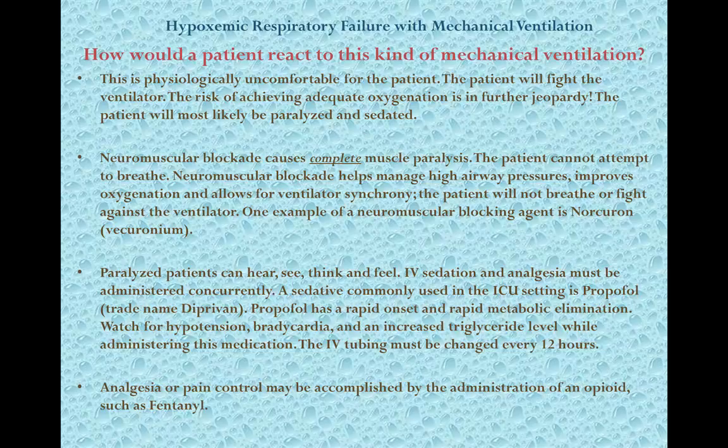Neuromuscular blockades, these are the goals. It helps manage high airway pressure and improves oxygenation and allows for ventilator synchrony. In other words, when you have a synchronized skater, that means two individuals are as one. They are working together, and that's what this means. The ventilator and the patient are going to work as one.